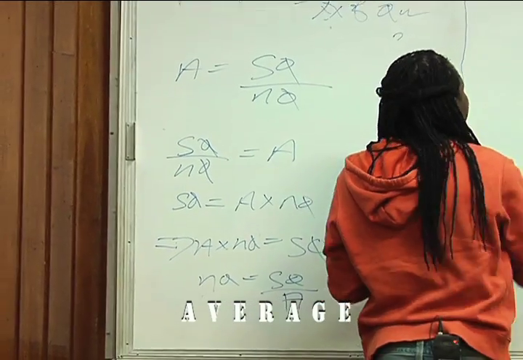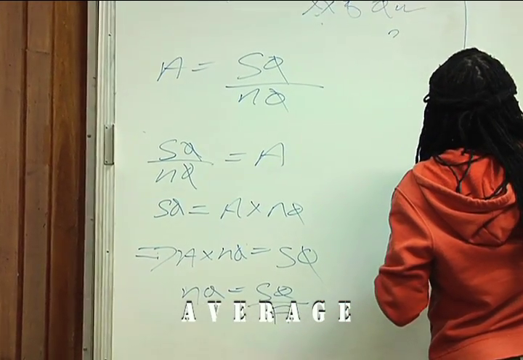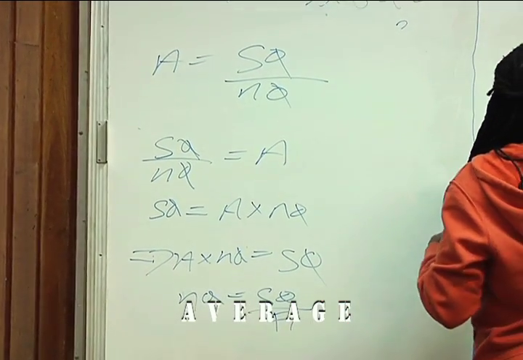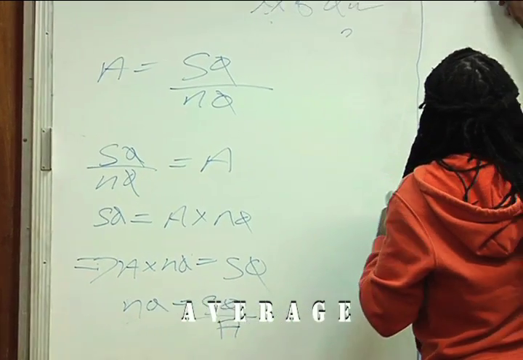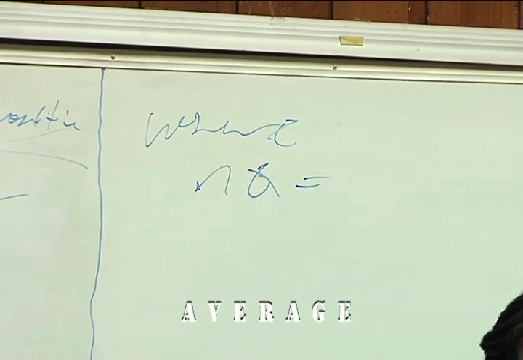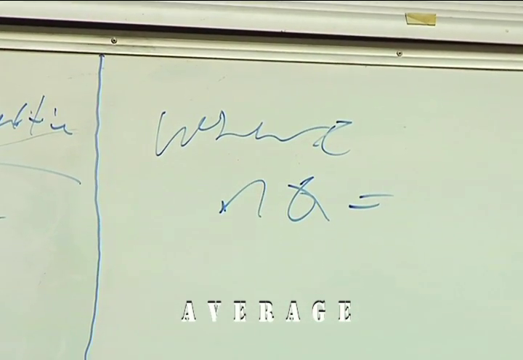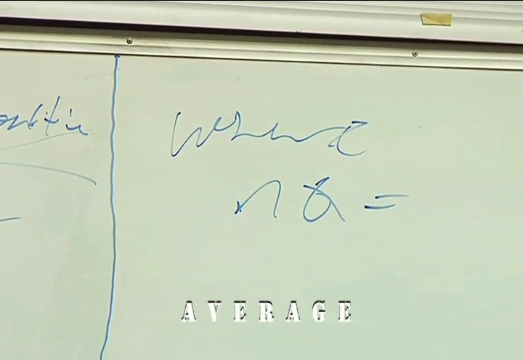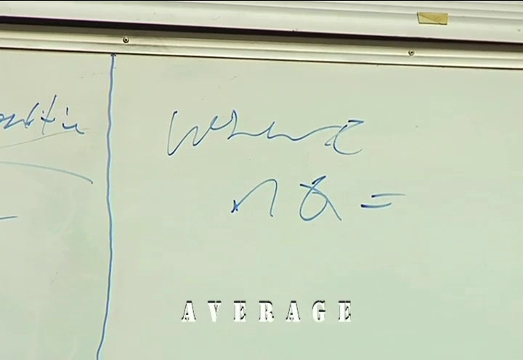In this case, where does NQ come from in the question?